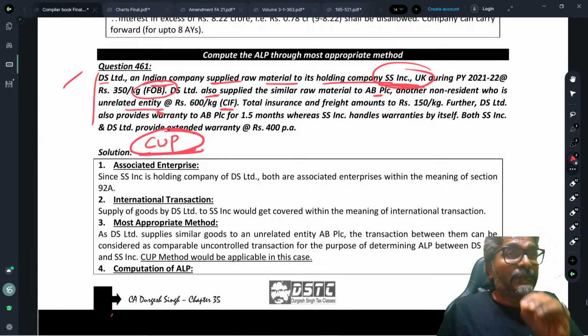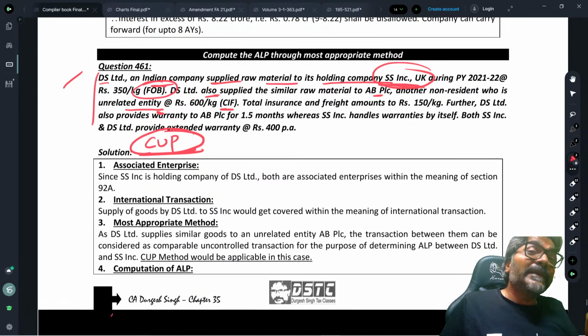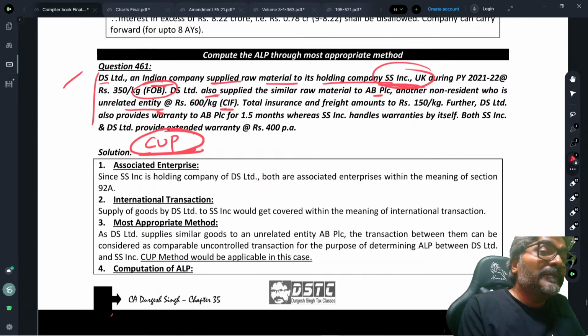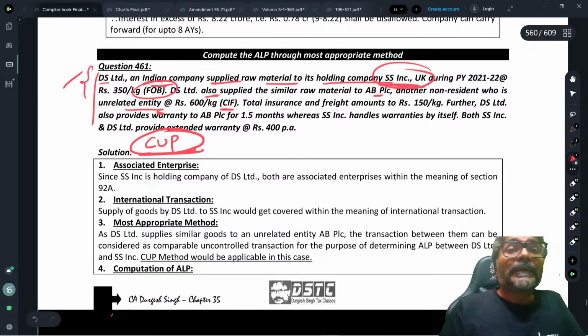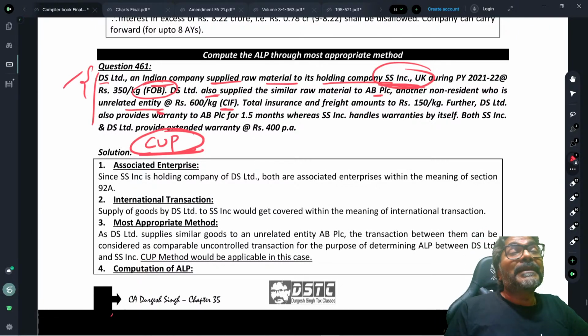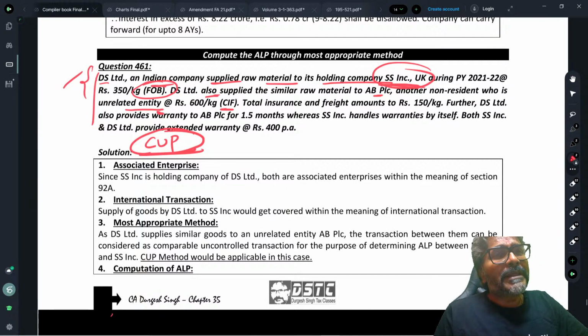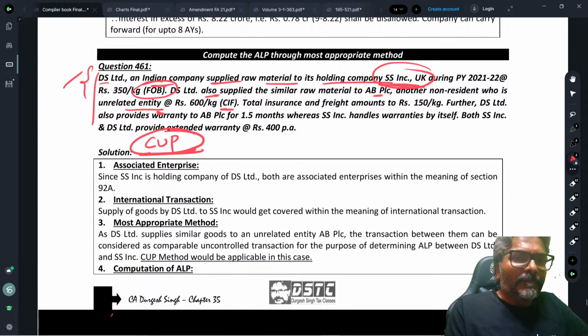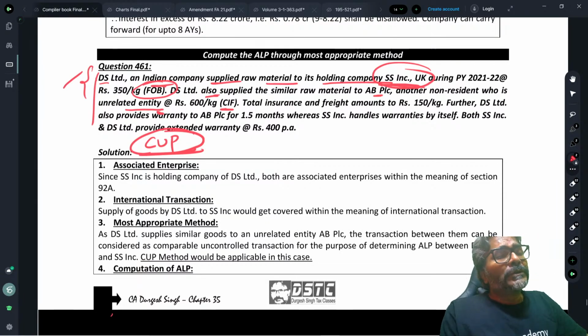That price needs to be aligned with the factors which are there in the international transaction. So if the international transaction, students, is at FOB, then in that particular case, students, even the comparable transaction also should be at FOB.